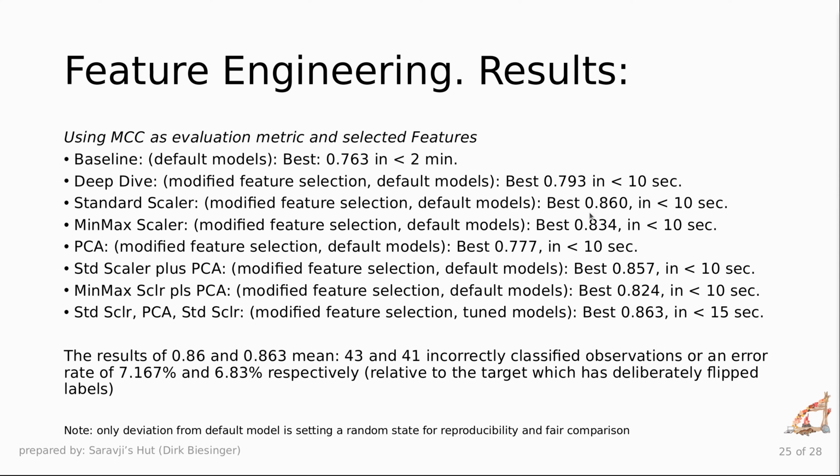With this we could boost our MCC to 0.86, and using the default models, the runtime was still below 10 seconds. Next experiment was using the min-max scaler instead of the standard scaler. Same idea, different scaler approach. Our MCC was 0.83, and runtime again just shy of 10 seconds.